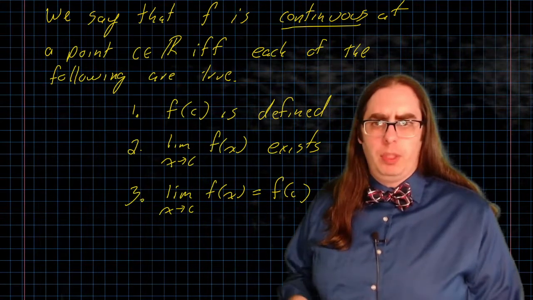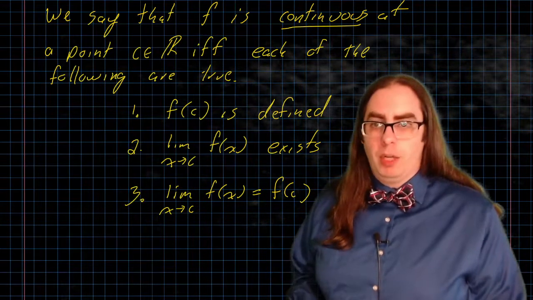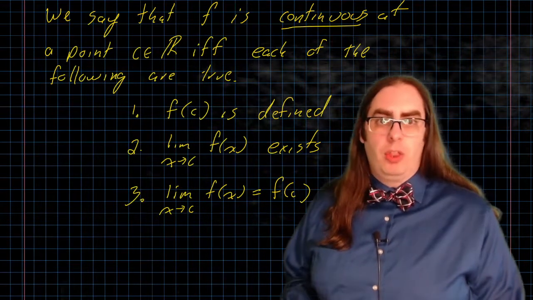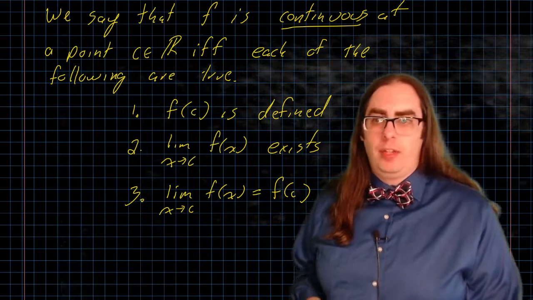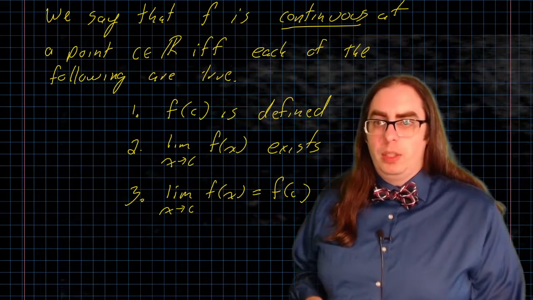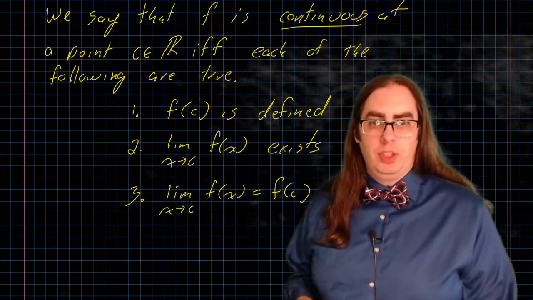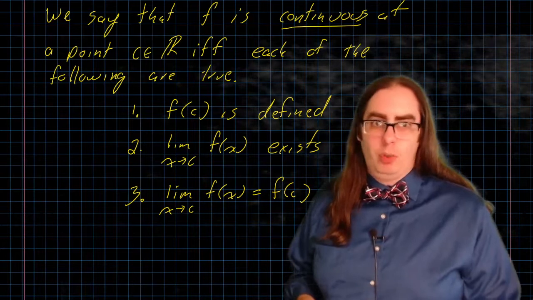Otherwise, there'd be nothing to be equal. So even though there are three properties, it is generally the third one that we show, and if we can show that, then the other two are implicitly also true. Showing that one of those first two properties is not true is a nice way of showing that the function is not continuous without having to do anything else.